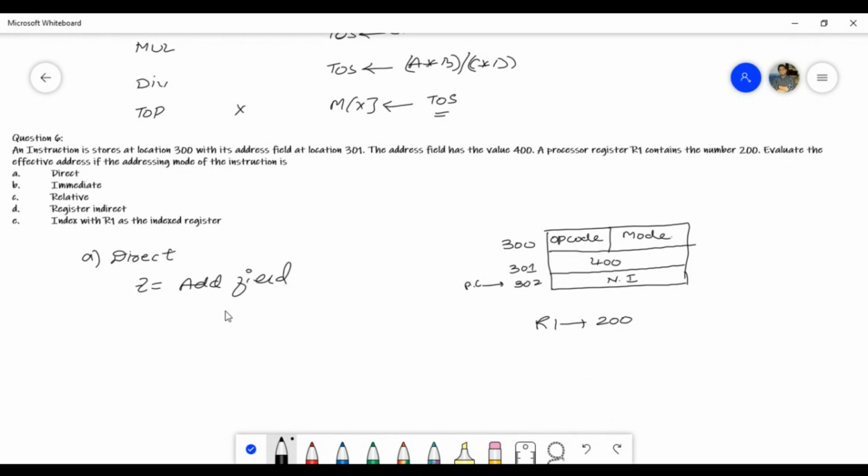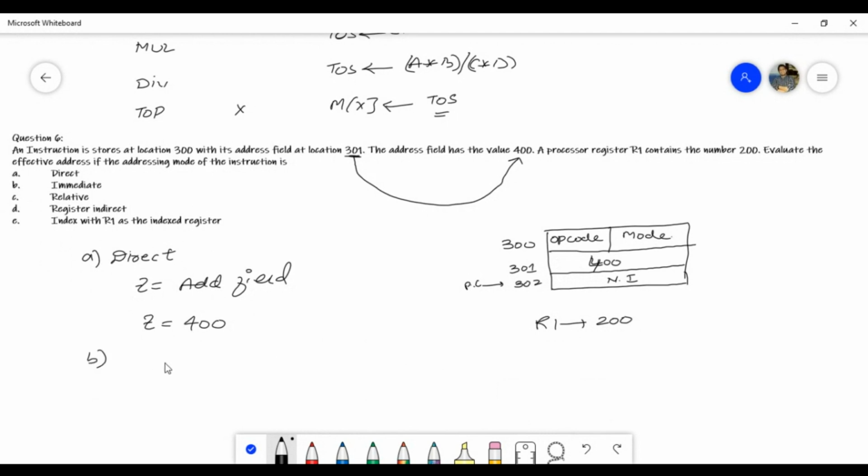So what is the address field here? There is 300 with an address field located at 301. The address field is 301, which contains the number 400. So Z equals 400.